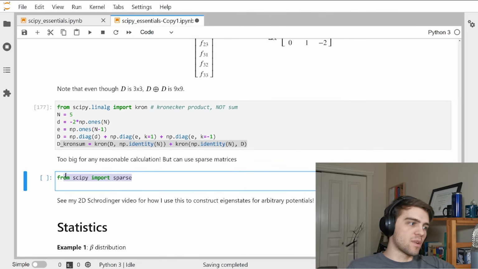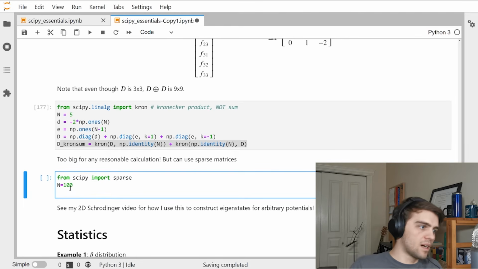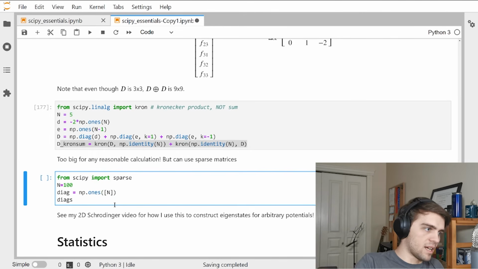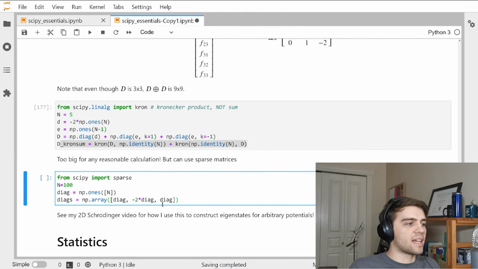So here I import the sparse module of SciPy. And now maybe I want 100 by 100. Again, it's the same thing. I'll define a diagonal, np.ones of n. And my array of diagonals is diag, minus 2 times diag, and then diag, like that. And then I can construct my diagonal matrix.